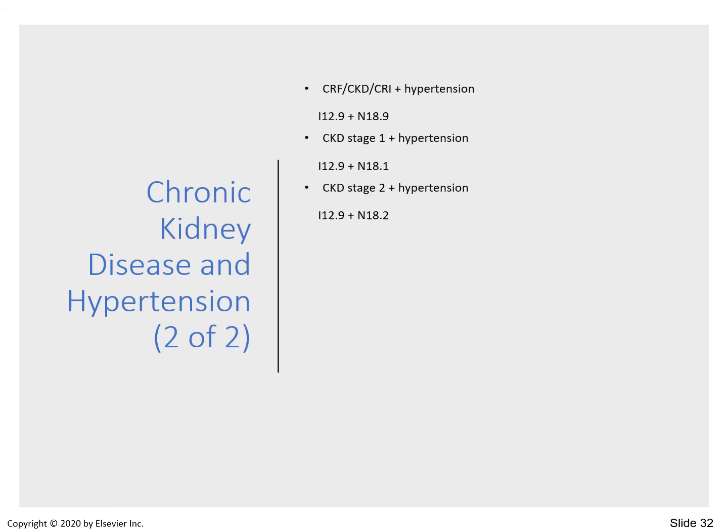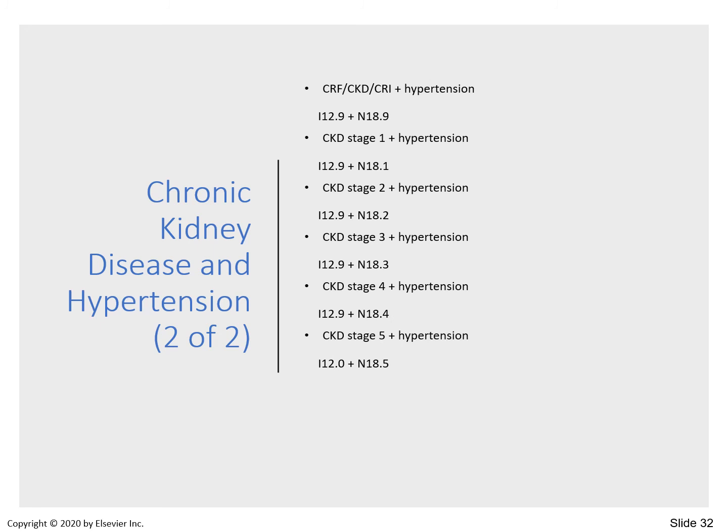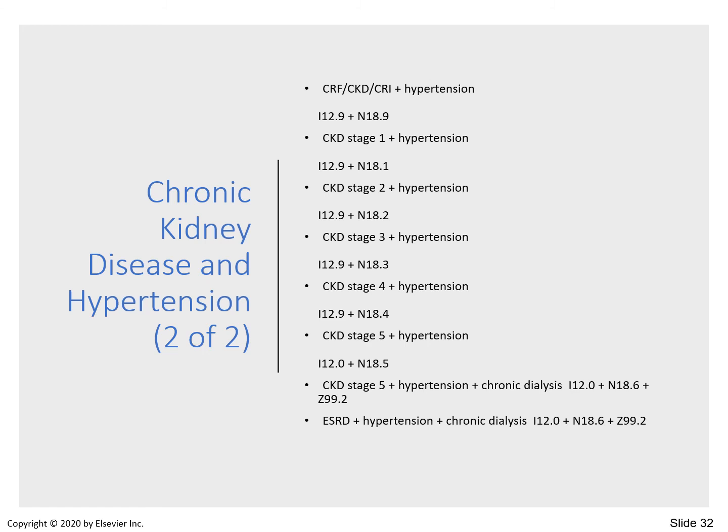It's a little bit small, and you can see that we have codes for all the different stages of chronic kidney disease with hypertension. So if you have, for example, end-stage renal disease with hypertension and chronic dialysis, we have 3 codes there.